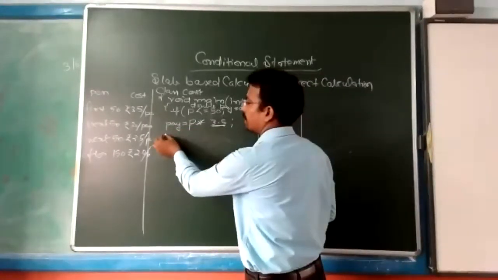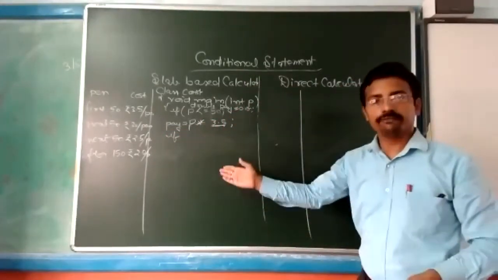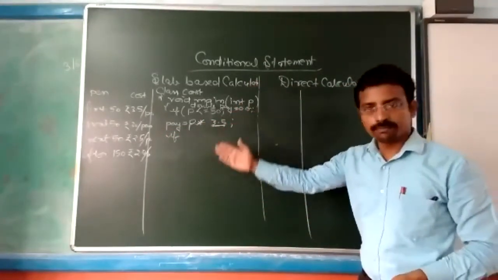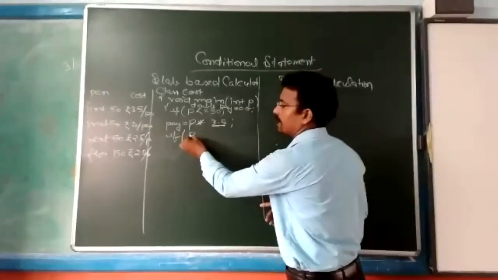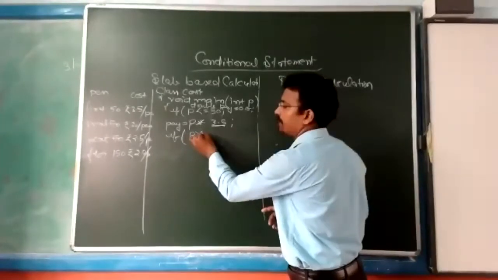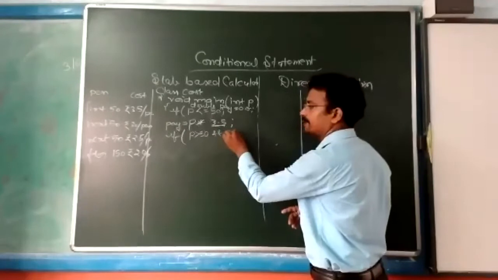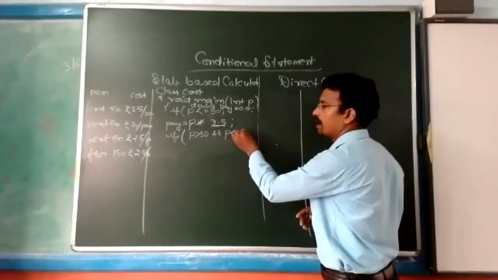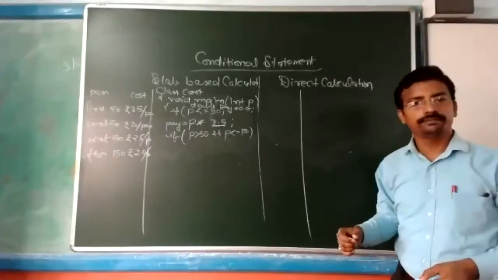You write another condition, that is this. Ladder if. We will use ladder if to make our program a little bit faster. See, P is more than 50 and P is less than or equal to 100. Understand this criteria?